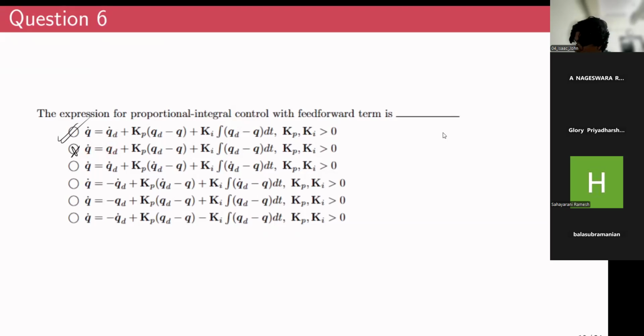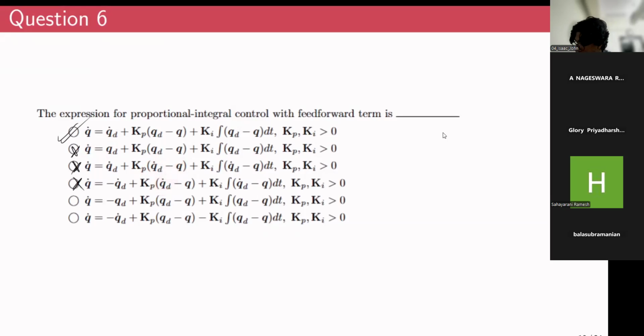Third option, again, the dimensions are not matching. This is Kp multiplied by Q desired dot minus Q. Instead of the position Q desired, you have Q desired dot over here. So that is also not correct. Option 4, again, due to this dimensionality issue, is also not correct.